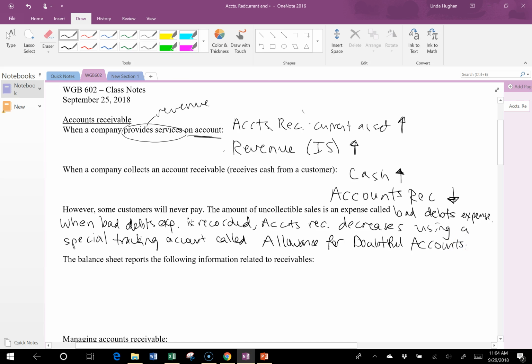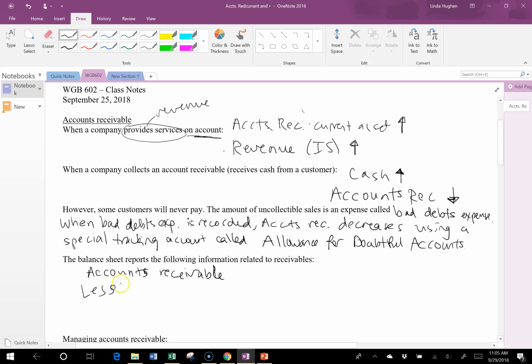Allowance for doubtful accounts always reduces the value of accounts receivable, and the two accounts are always reported together. So the balance sheet reports the following information. It will report accounts receivable, the total amount that the company should receive based on all of the credit sales that have not yet been collected.